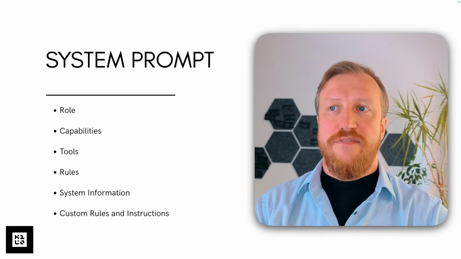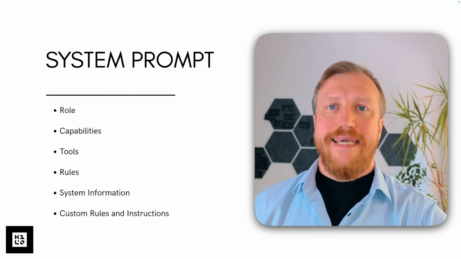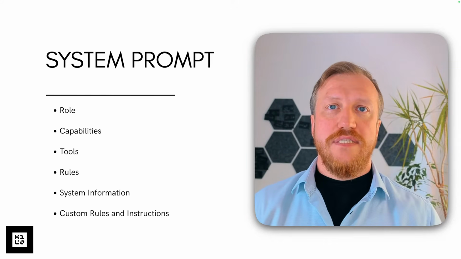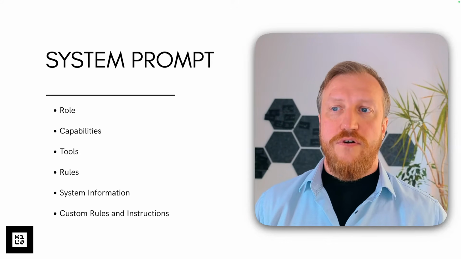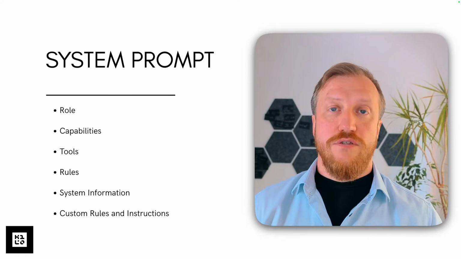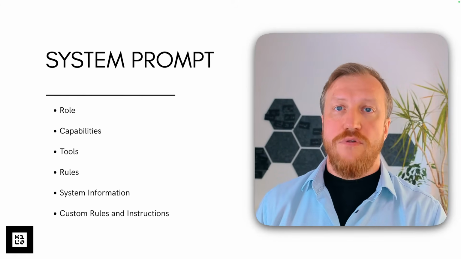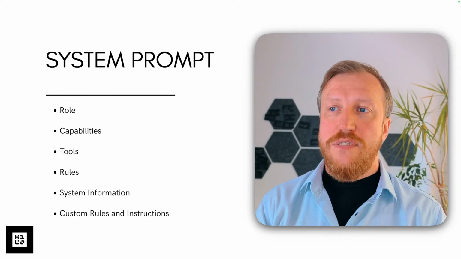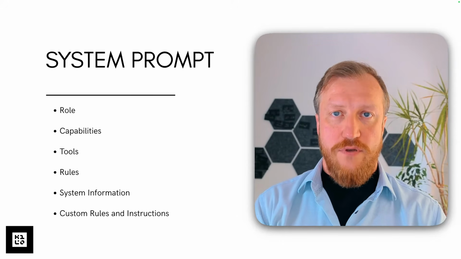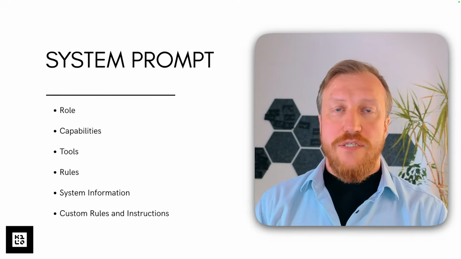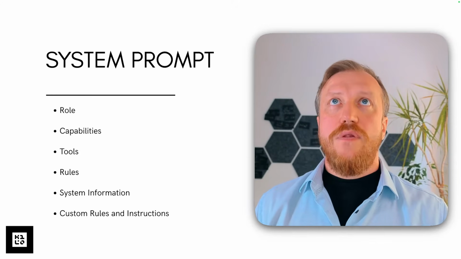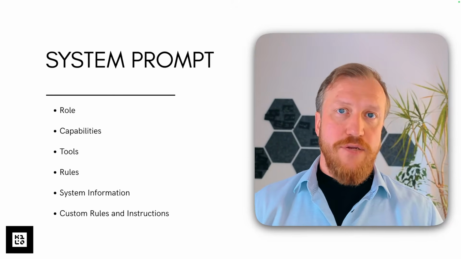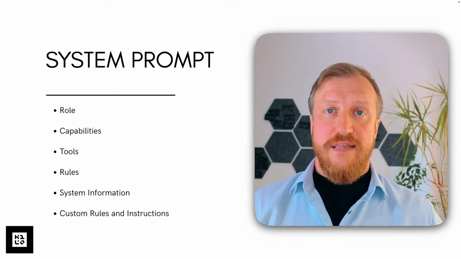The system prompt defines the AI model's role, capabilities, available tools, what rules are set for that, system information, and also custom rules and instructions. Custom rules and instructions we will cover in more detail in the upcoming episodes. For now, we will stop on the first few points. So, role. Role is basically a part of prompt engineering, which we will discuss briefly in later episodes.